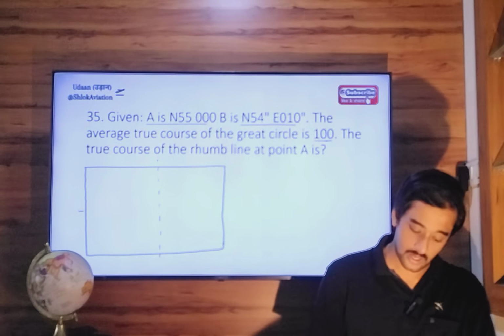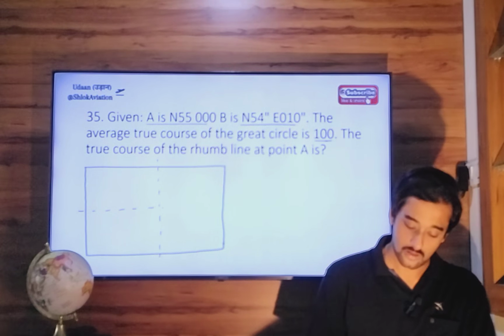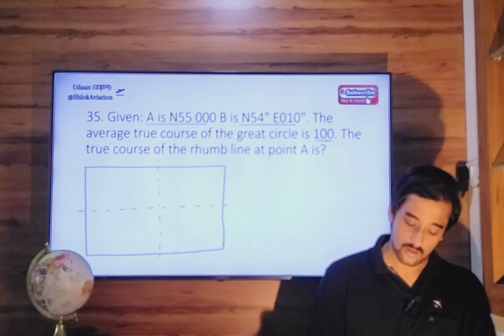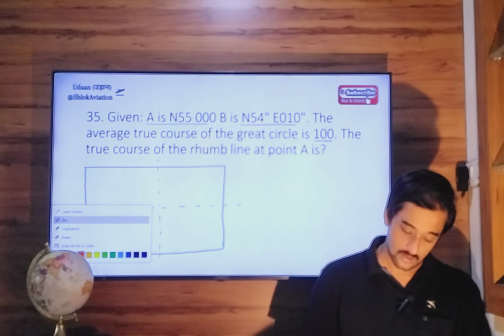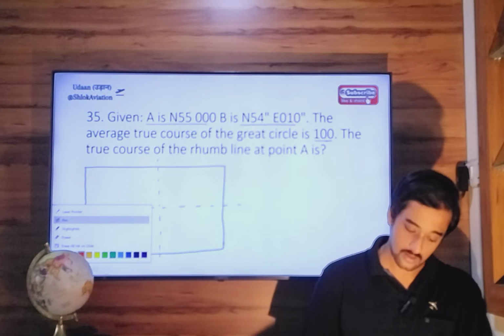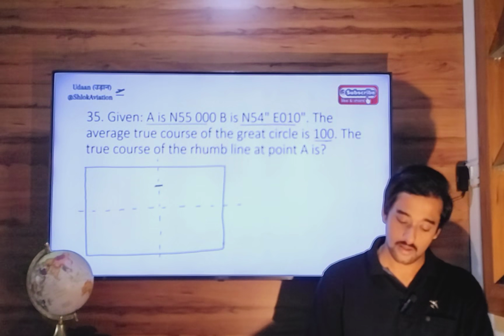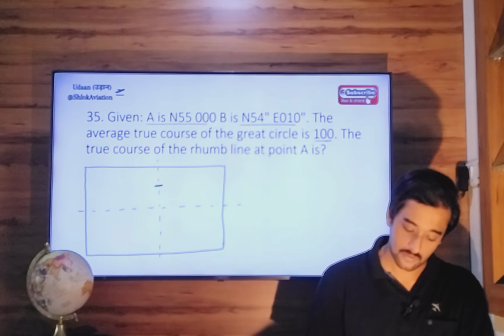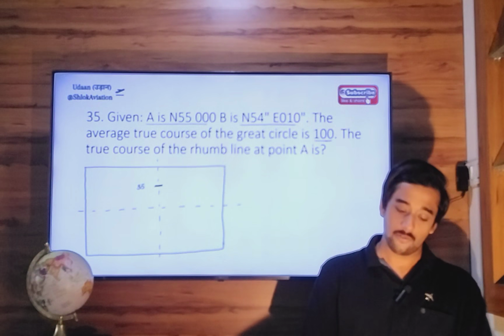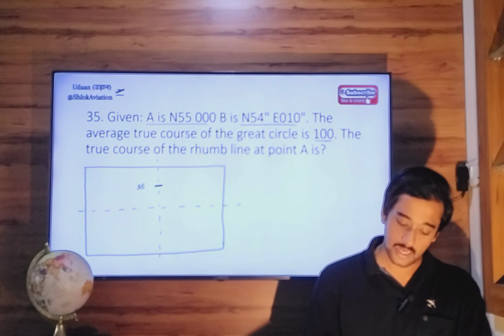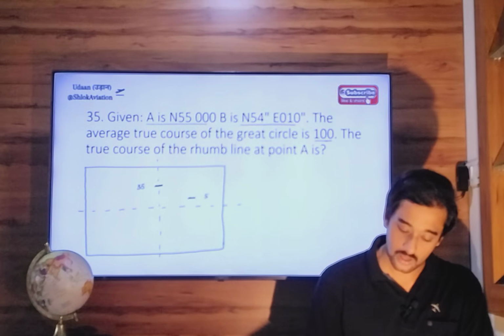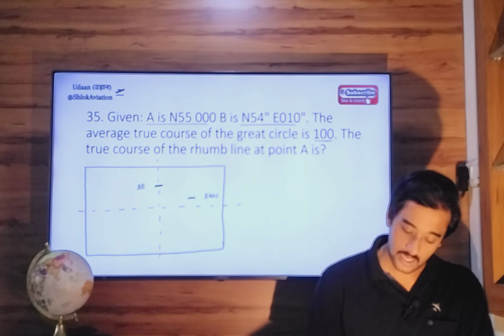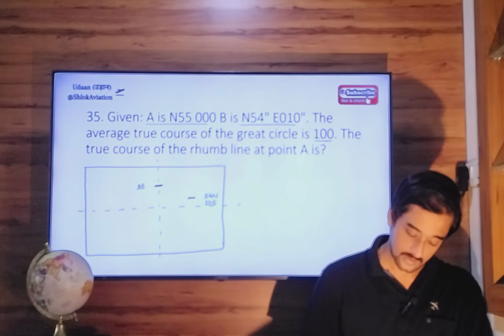This is your equator. Okay. So 55 degree north is here. Let's say 55. 54 degree north, 10 degree east will be here.